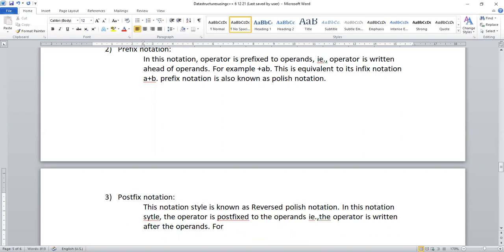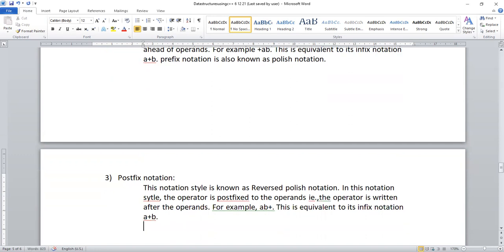For example, AB plus. Okay, this is equivalent to its infix notation A plus B. So these are the infix, prefix, and postfix notations.